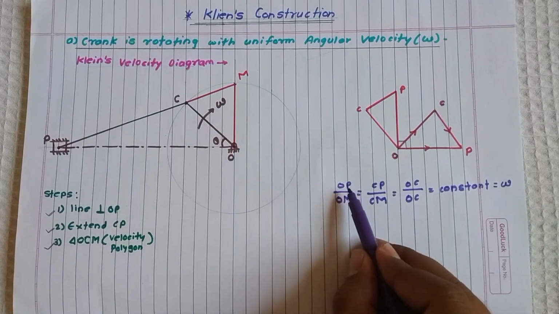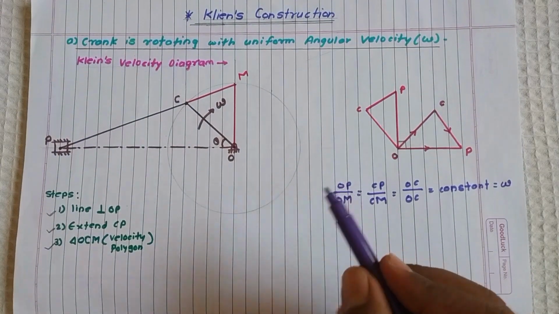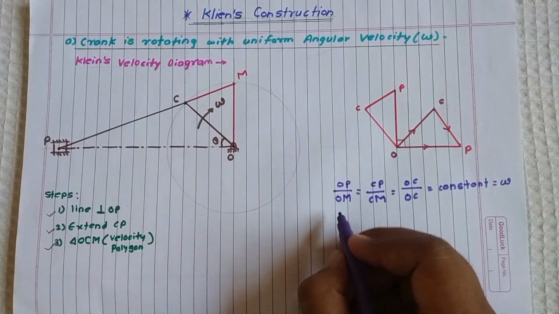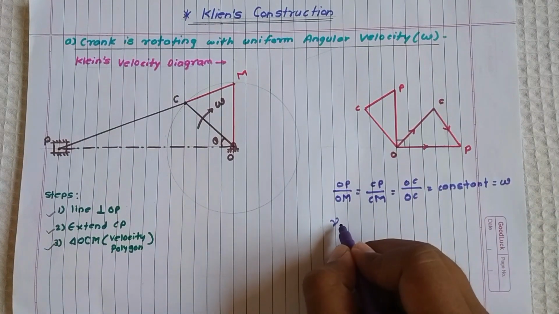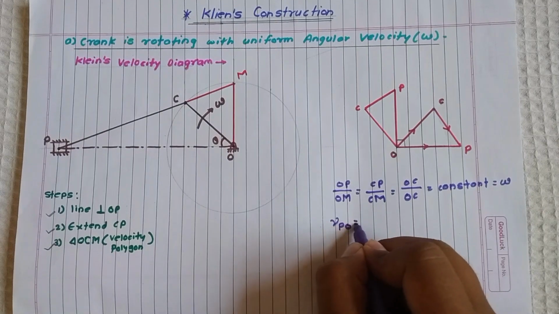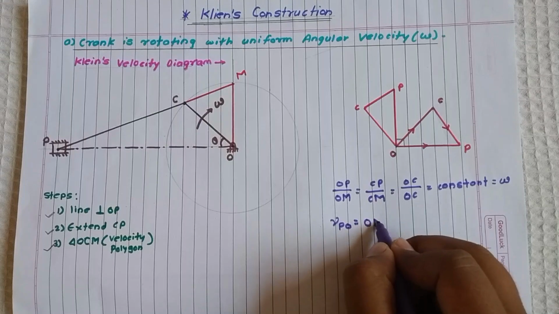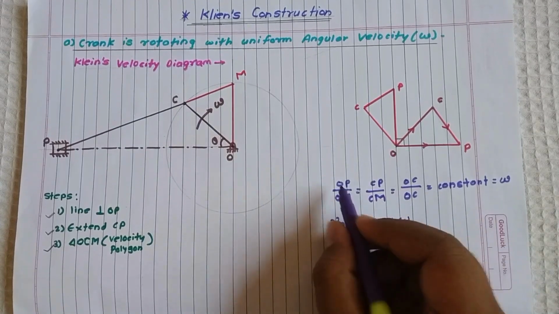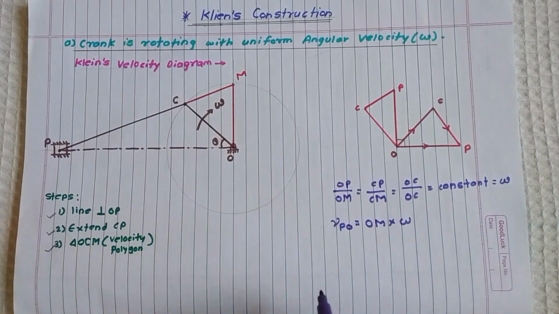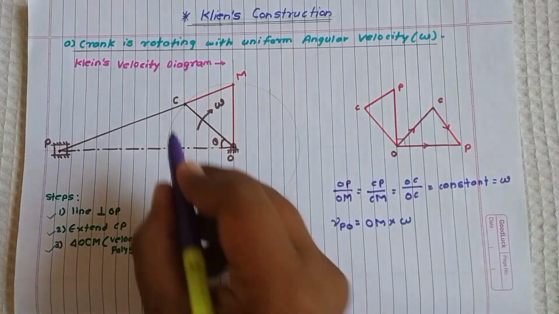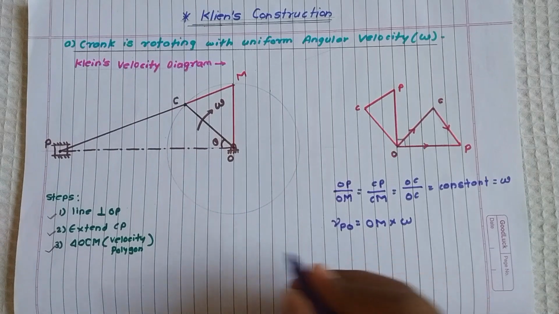So we know what is OP. OP is the velocity of the slider. So we can write velocity of P with respect to O is OM into omega. We have equated this with omega. Now CP is what? Velocity of the connecting rod.